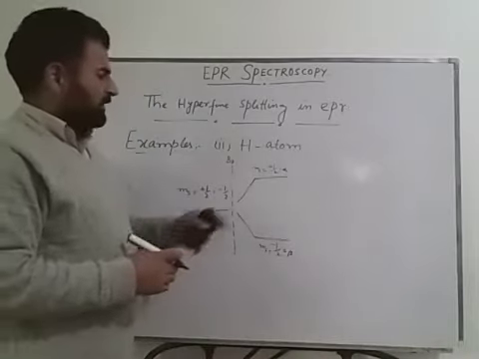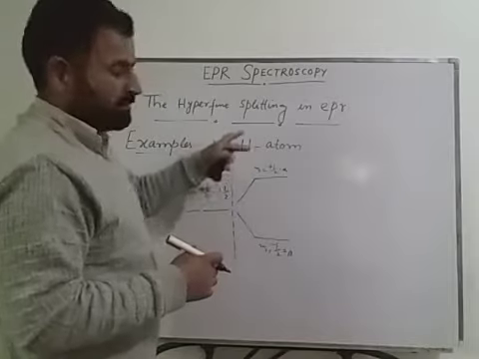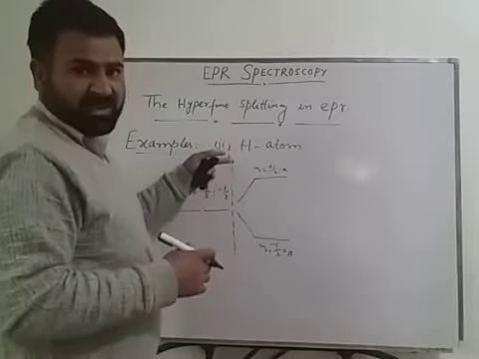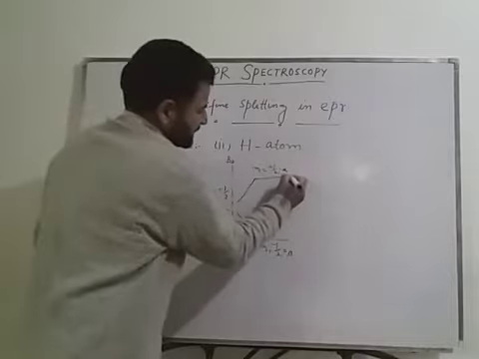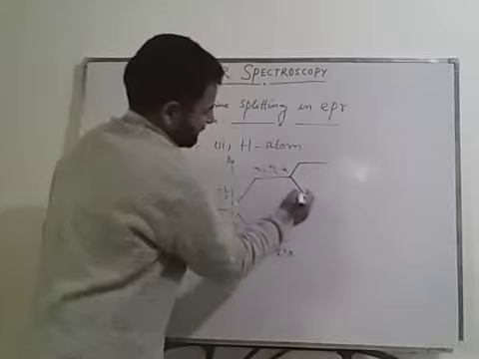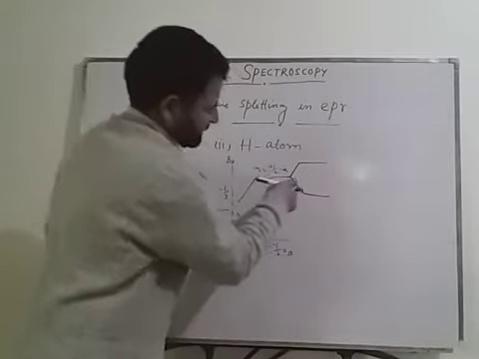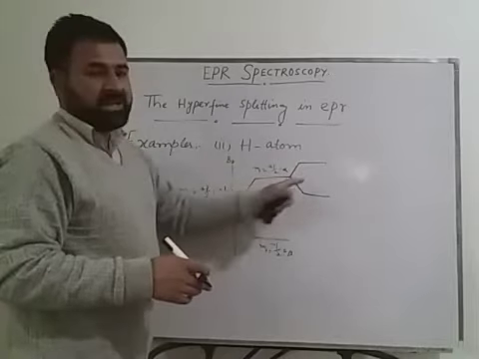Okay. Now each state will have the effect of the nuclear spin from the nucleus of the hydrogen. So each electronic spin will have two orientations of the nuclear spin, and that will split this energy level into two energy levels.